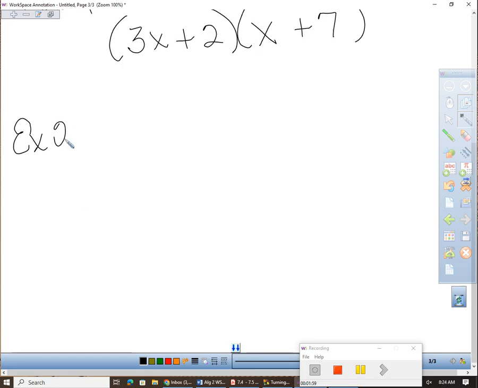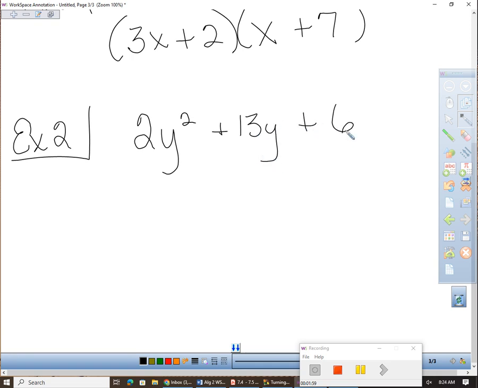Example number 2. Let's factor 2y squared plus 13y plus 6. Again, step number 1, is there a greatest common factor I can take out of the whole thing? Nope.